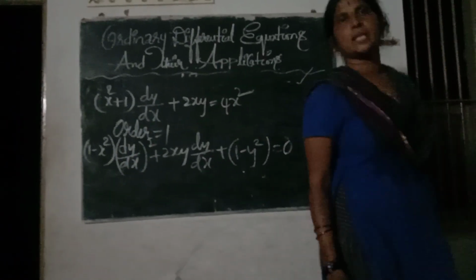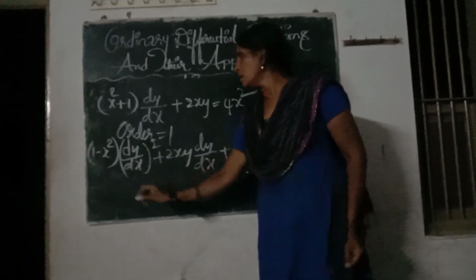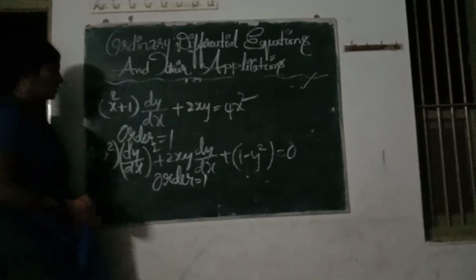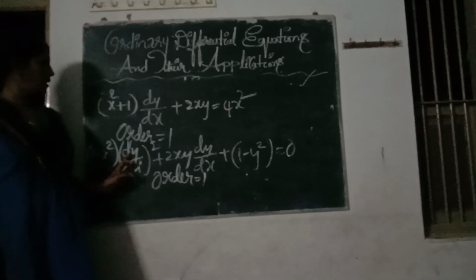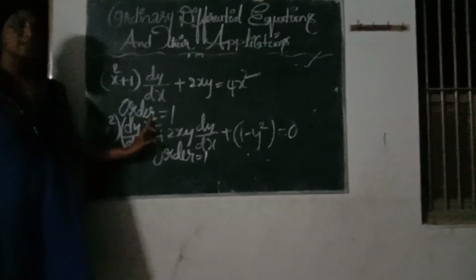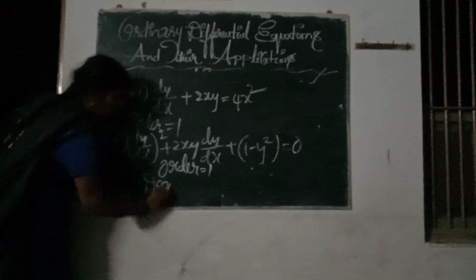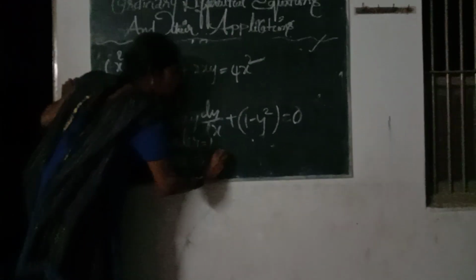This is one differential equation. Here the highest order derivative is 1, therefore order equals 1, and the power of the highest order derivative in this equation is 2, therefore degree equals 2.